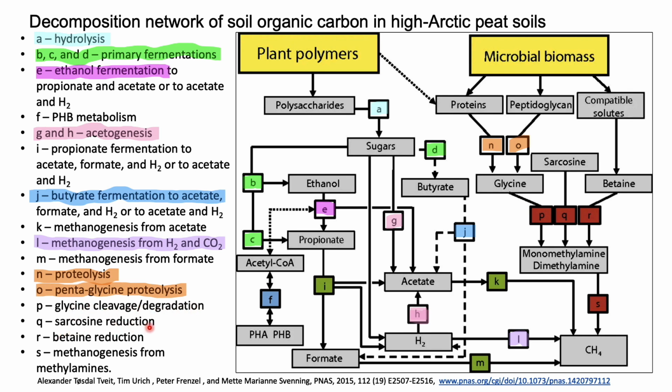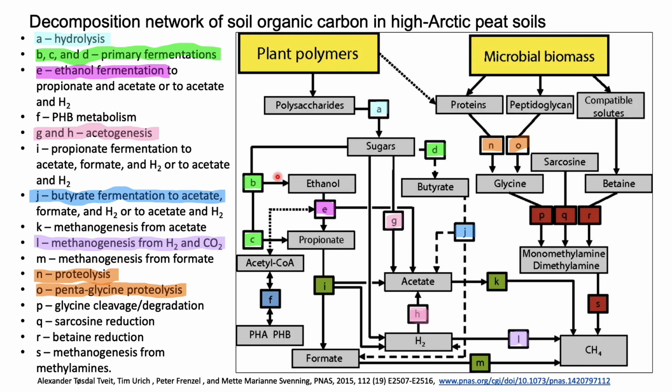Then sarcosine reduction and betaine reduction. So all these three reactions occur and lead to monomethylamine, dimethylamine, or two different types of compounds that will be formed. And they undergo the reaction S. S is nothing but methanogenesis from methylamines. That leads to the production of methane. So the higher order compounds are getting converted by various reactions to methane.